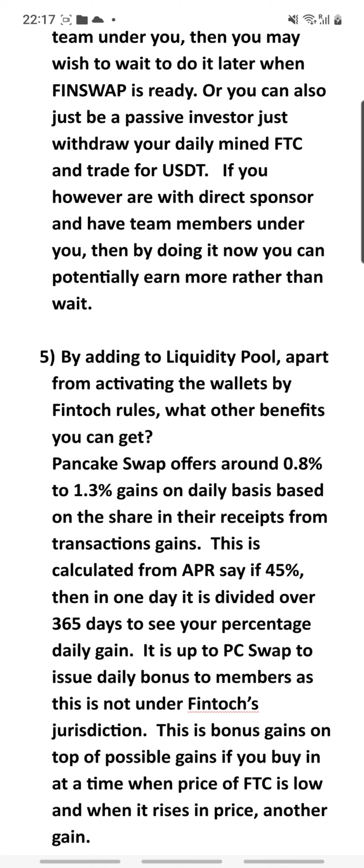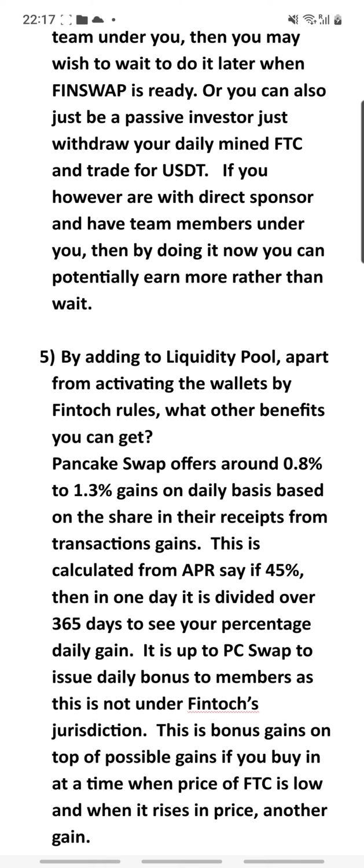PancakeSwap offers around 0.8% to 1.3% gains on a daily basis based on the share of the person who contributes in their receipts from transaction gains. Once again, PancakeSwap offers around 0.8% to 1.3% gains on a daily basis.